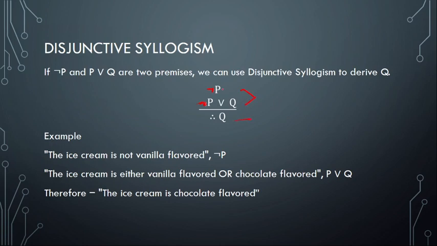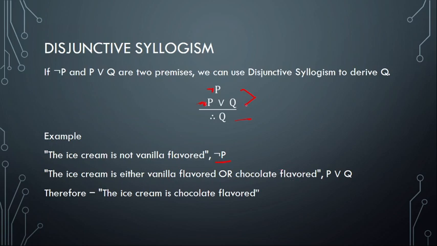Example for these rules of inference is: the ice cream is not vanilla flavored. So that is the not P proposition. The ice cream is either vanilla flavored or chocolate flavored.